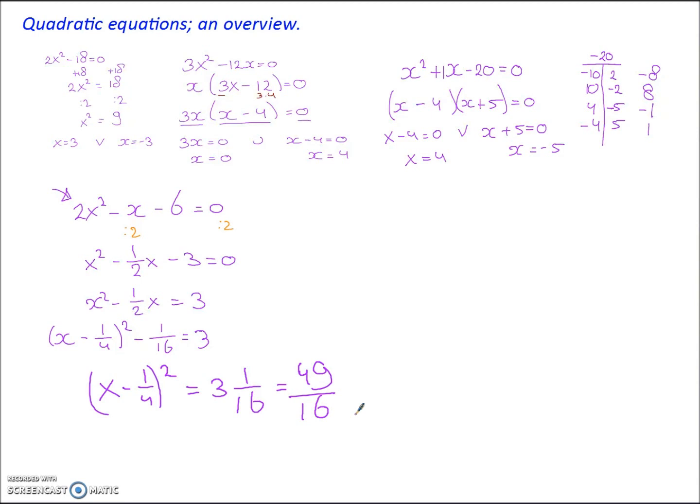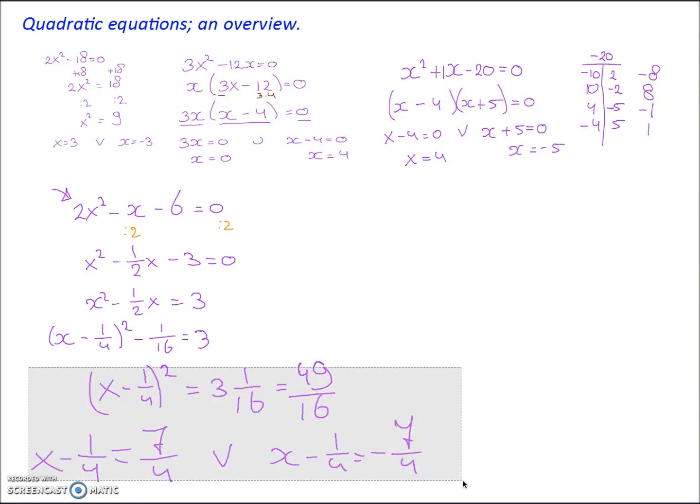Now, the next step we need to do is take the square root of this. But remember, when I take the square root, I take the positive square root and the negative square root. So in this case I get x minus 1/4 is equal to the square root of this, 7/4, or x minus 1/4 is negative 7/4.